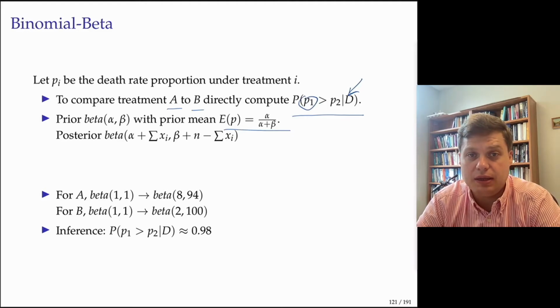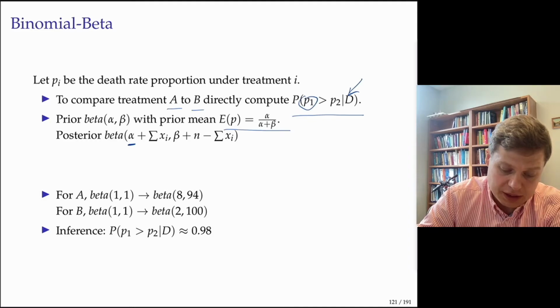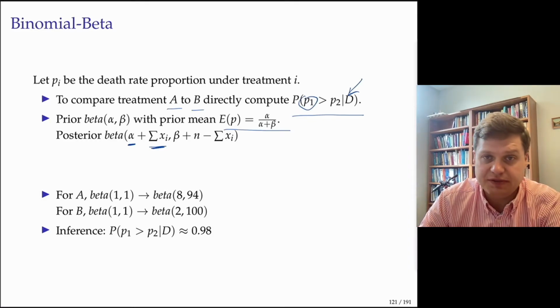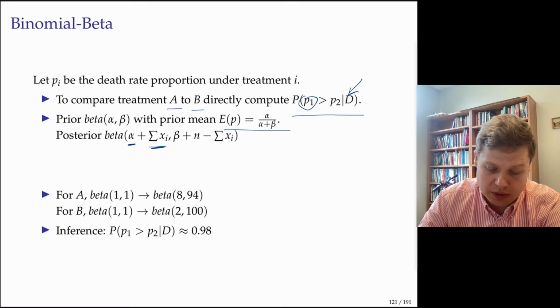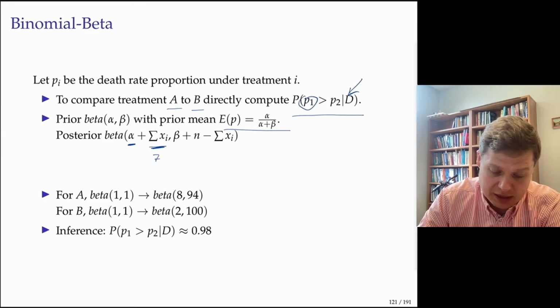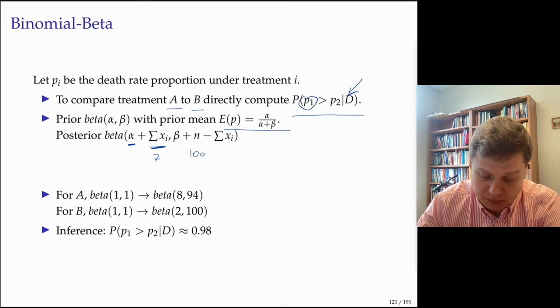The posterior beta is the initial hyperparameter alpha plus the sum of all the observations that you have. In our case, we had 7 positive cases, so the sum equals 7, and n equals 100. So we had 100 cases in each of the treatments, minus 7.